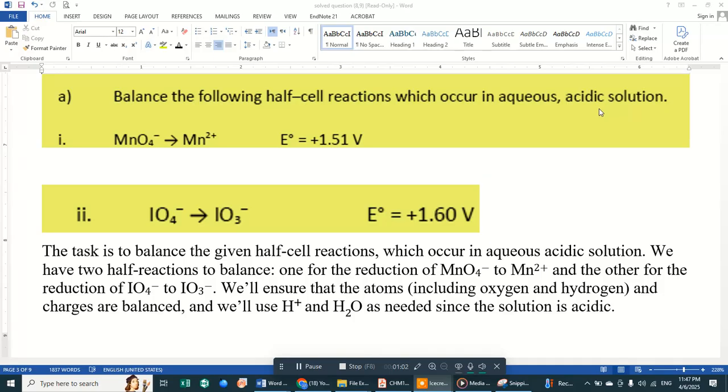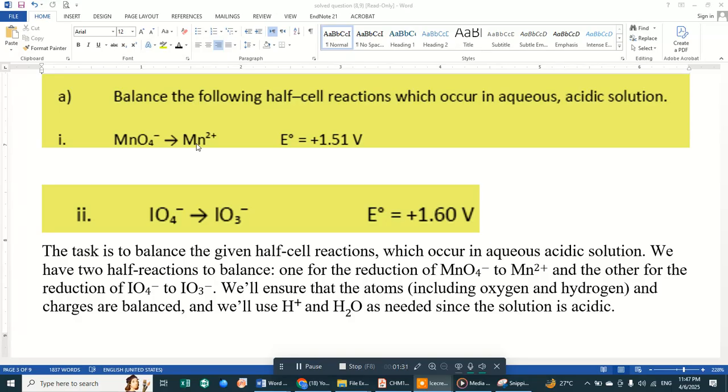Today we are going to introduce how we can balance the equation in acidic media. The example is the permanganate ion changing into the manganese ion. That's a very simple equation. We start from the simple ones.